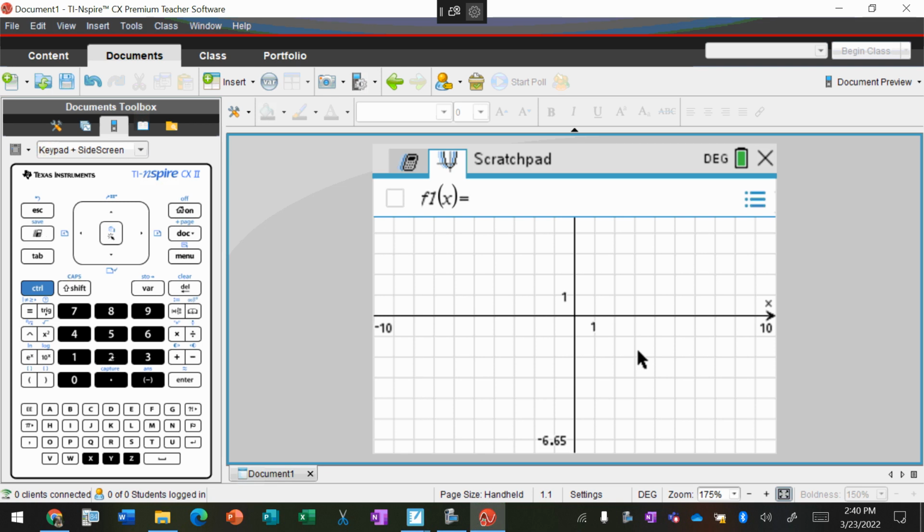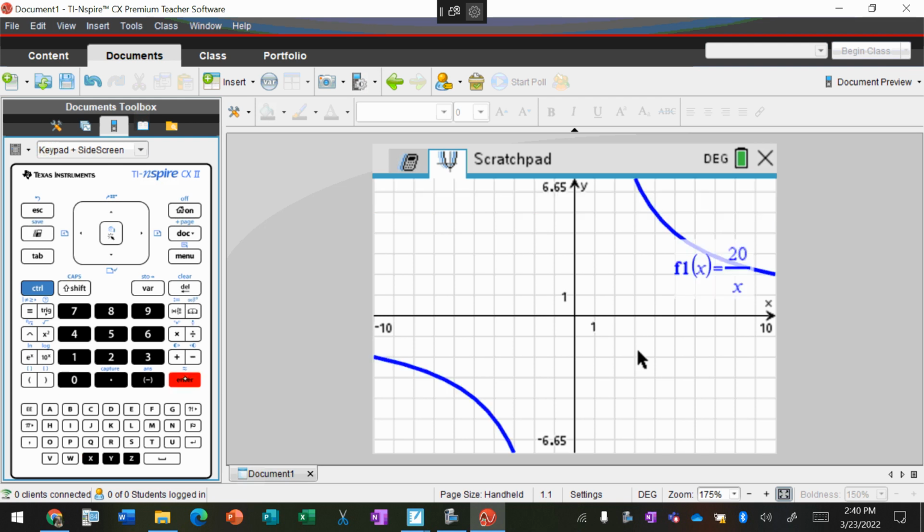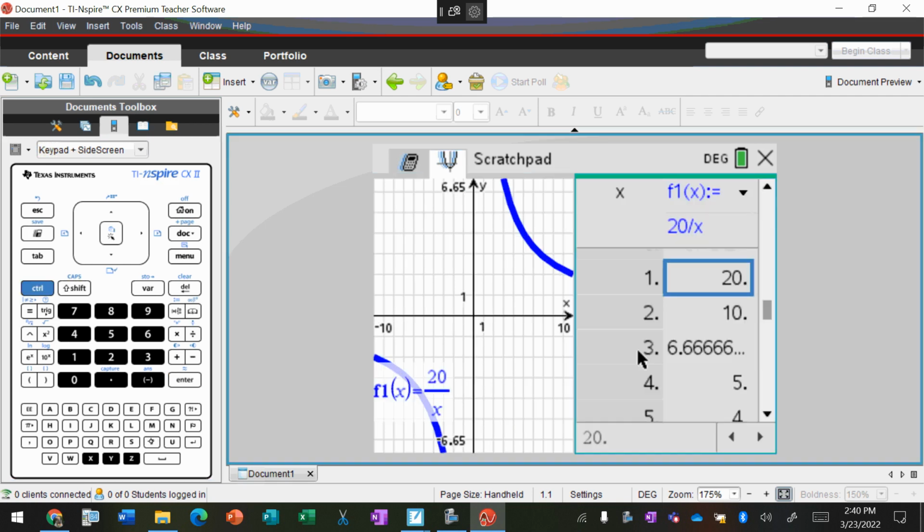We're trying to find the largest perfect square that multiplies to be 20. So we will do 20 divided by x, almost like we were factoring. And we're going to go to the table of values by Control T. And what you will look for is over here in the light gray column on the right-hand side, what's the first perfect square that's on the y side of your table.